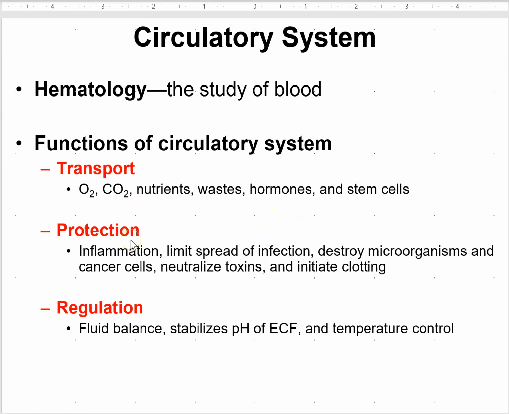Now, blood also helps in the defense of the body, mainly white blood cells. White blood cells protect the body from threats like disease-causing bacteria that may have entered the body either through breathing or through a wound.